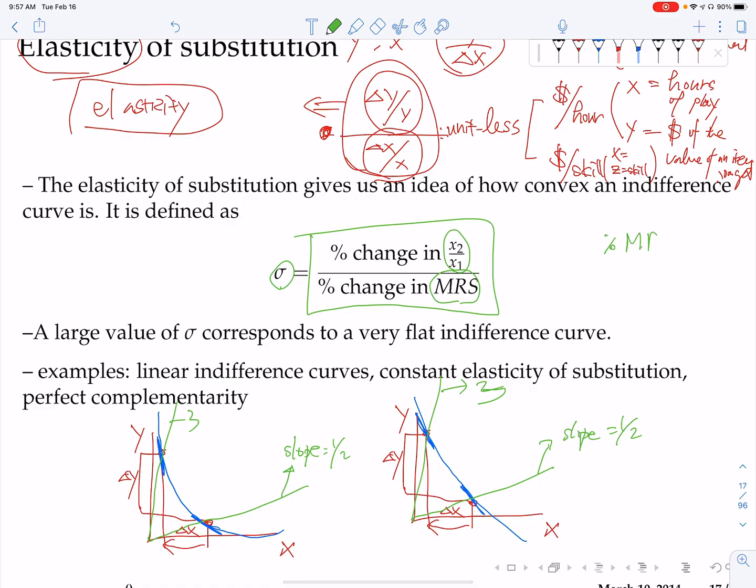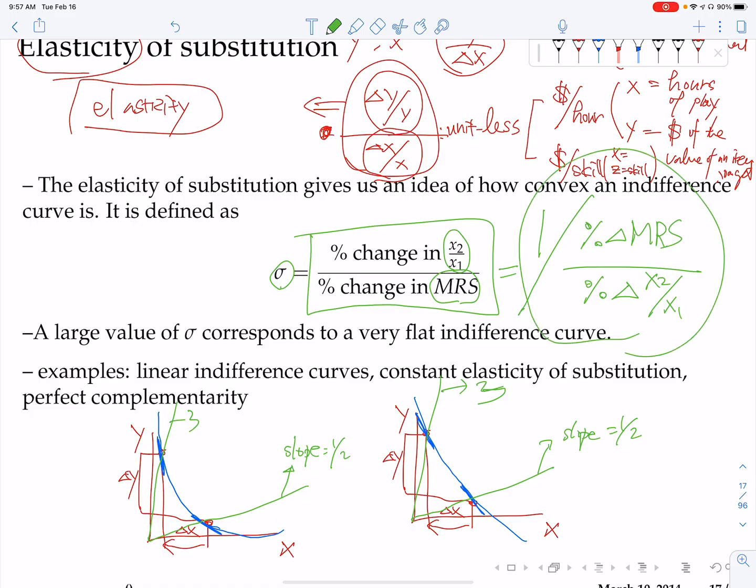So I should write down the percent change in the MRS and the percent change in the ratio of the second good and the first good. These are the inverse, right? So you can always think about this ratio and think about the inverse of it. At least that's how I understand the elasticity of substitution.